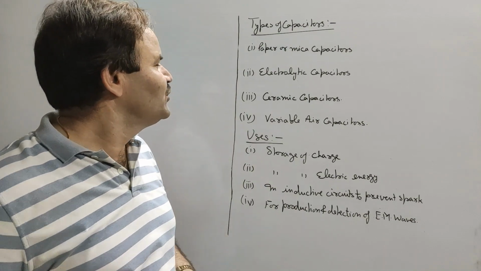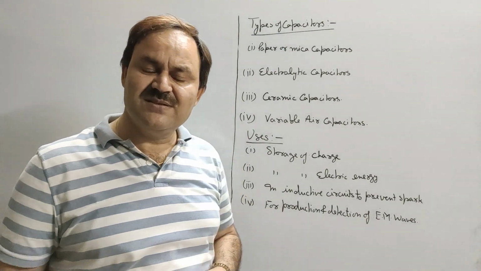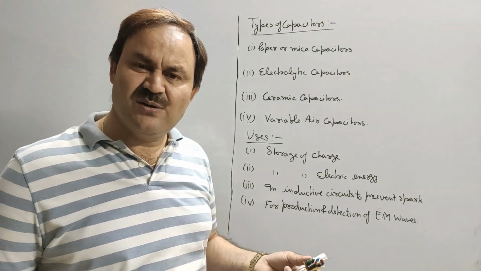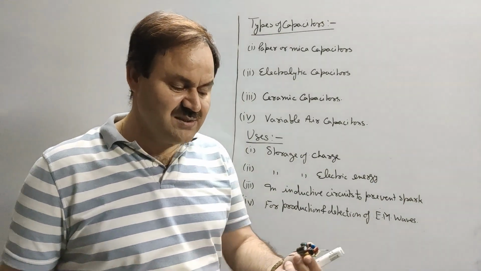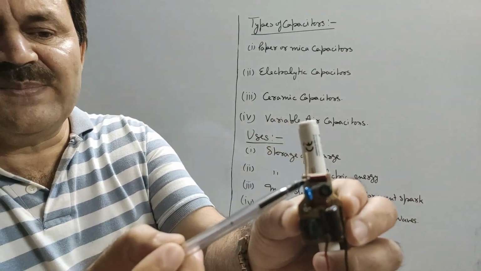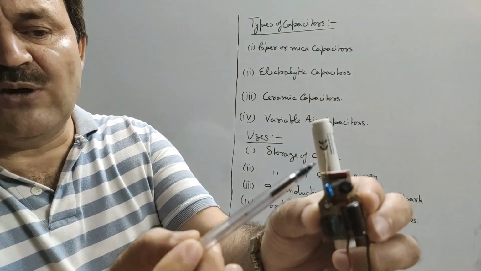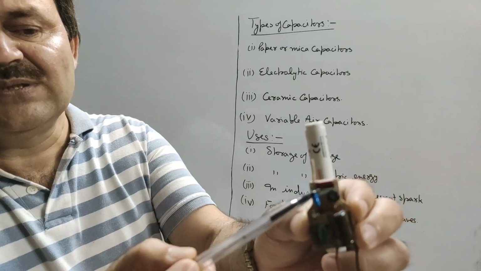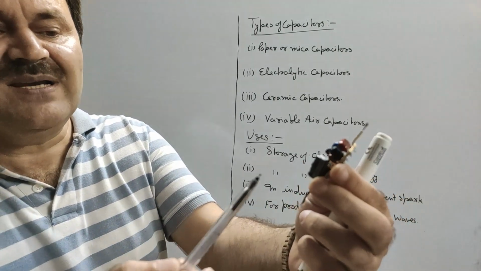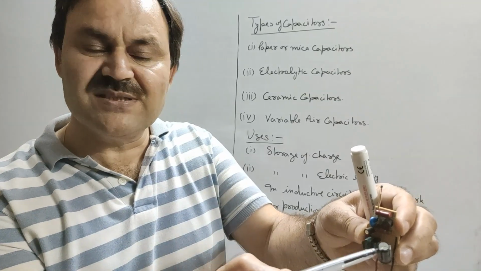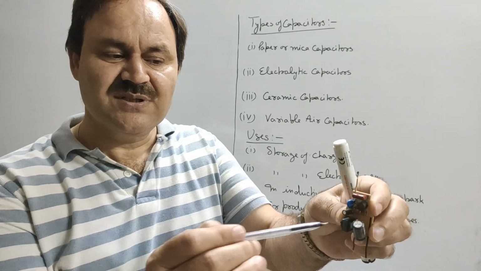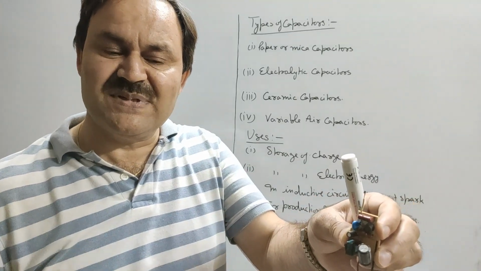Now we come to the types of capacitors. Capacitors are generally of several types, but in electronic circuits, this type of capacitors, the brown one and the blue one, are the ceramic capacitors, while this type of cylindrical capacitors in which an aluminium vessel is used are electrolytic capacitors.